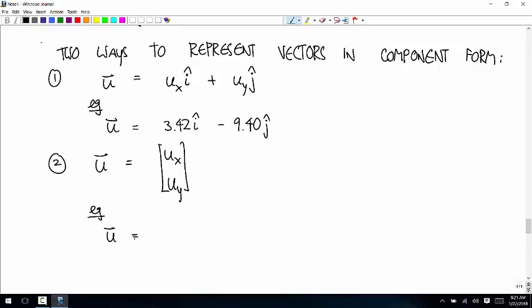We're going to play that, the vector gong, whenever we write a vector in this form. There actually used to be a bell here that was even better as a vector gong. So in this notation, you would write this 3.42, negative 9.40. Okay?